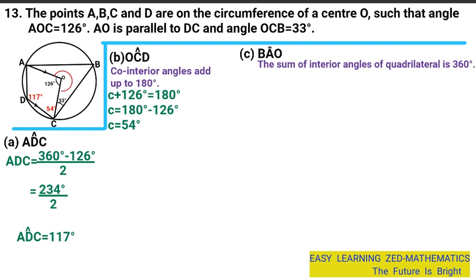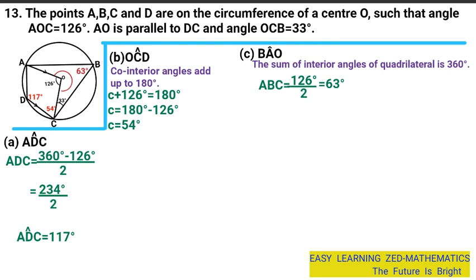We're going to say angle ABC is equal to 126 divided by 2. When you divide 126 by 2, we get 63 degrees. So angle ABC is equal to 63 degrees.